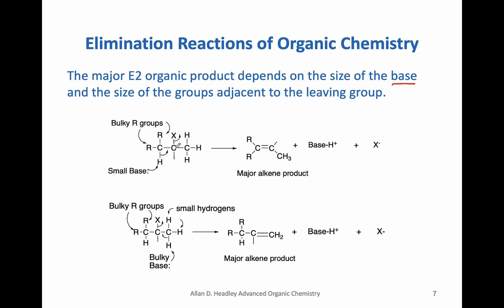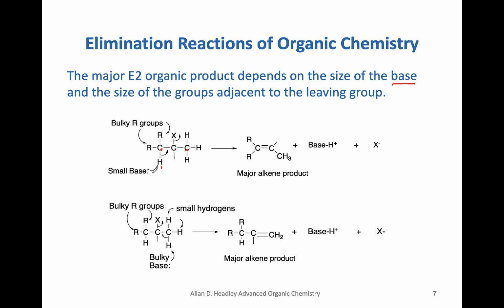So here is a hypothetical molecule, carbon, which has a leaving group here. We have two adjacent carbons bonded to it as shown here. This carbon has 3 hydrogens. This carbon, however, has 1 hydrogen and 2 bulky alkyl groups. Well, at least bulky in terms of they are larger than hydrogen.